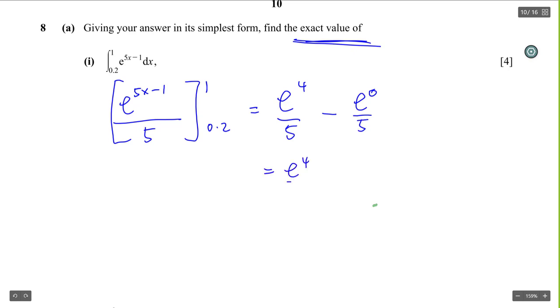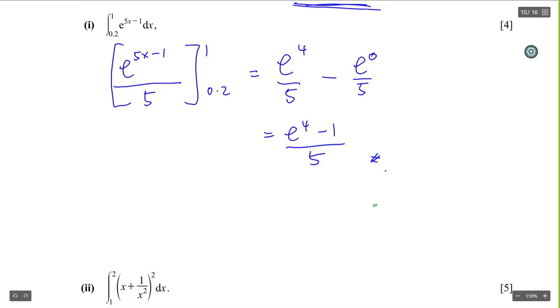So this is e to the 4 over 5 minus 1 over 5. Leaving it in this pattern is better, with the 5 in the middle. This one will be your final answer. Because they ask us to leave it in exact form, I don't think we need to simplify it further.